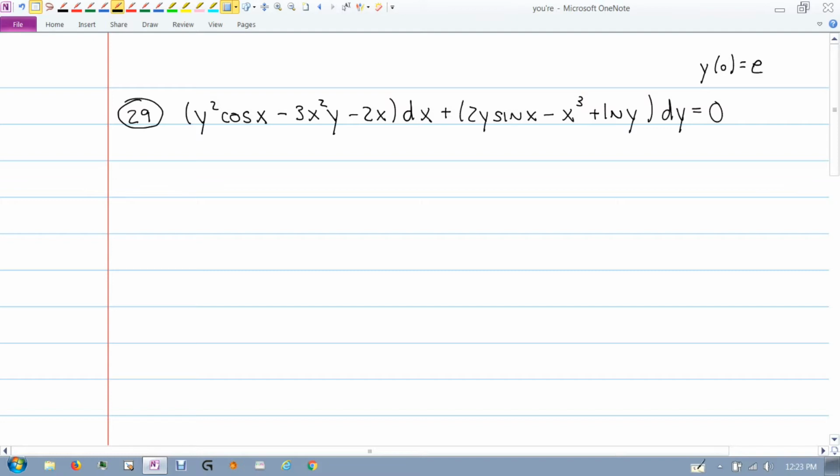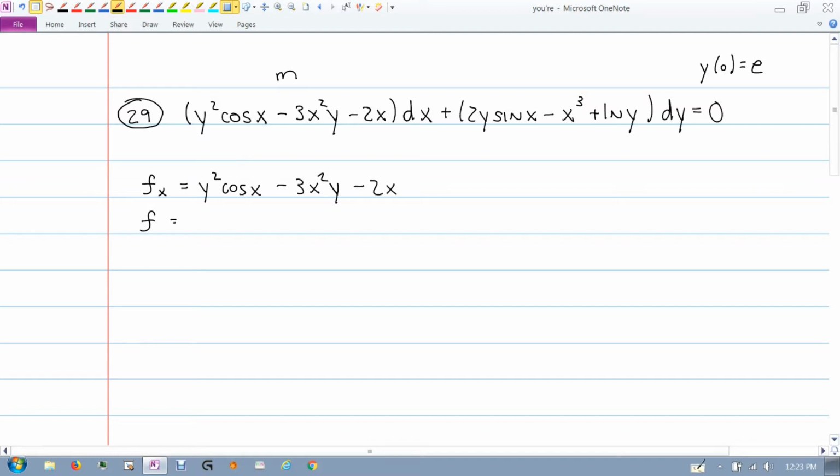All right. We will assume that it's exact, although you need to be checking that. Let me just make sure it is. Okay. All right, so partial of f with respect to x should be the M. This is M. So y squared cosine x minus 3x squared y minus 2x.